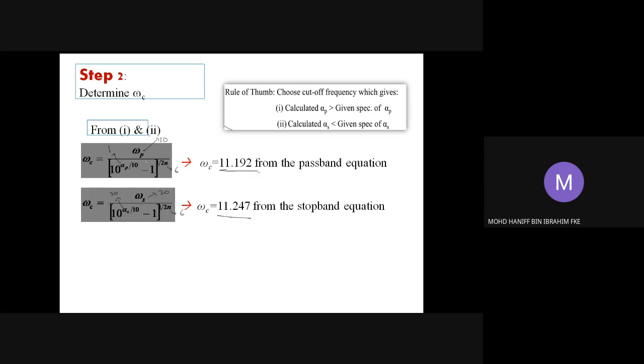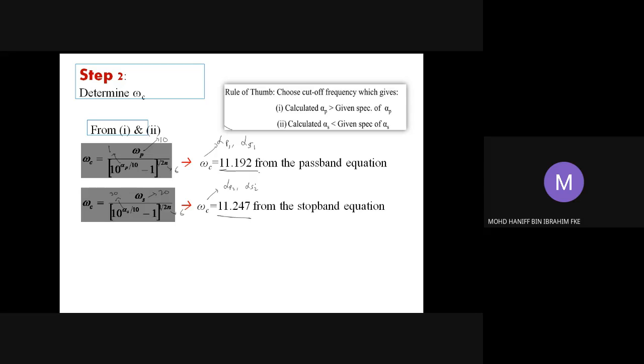Then this will be the rule of thumb in selecting which cutoff frequency shall be adopted, in which the omega C needs to fulfill this rule of thumb. These omega C's shall be used to calculate alpha P1 and alpha S1, and the other omega C will be used to calculate alpha P2 and alpha S2.